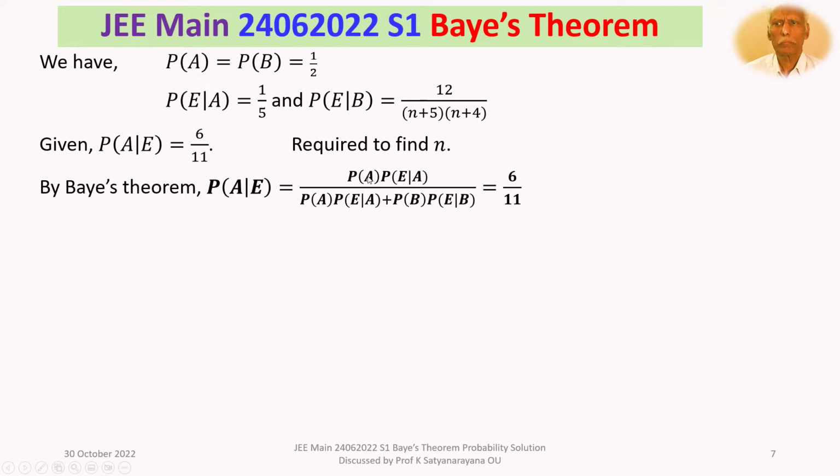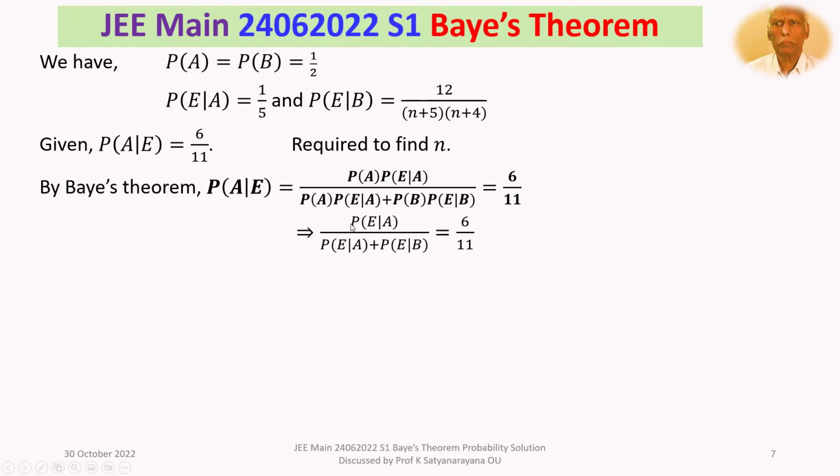Probability of A is equal to probability of B is equal to 1 by 2. Therefore they will cancel, and you are left with probability of E given A by probability of E given A plus probability of E given B.